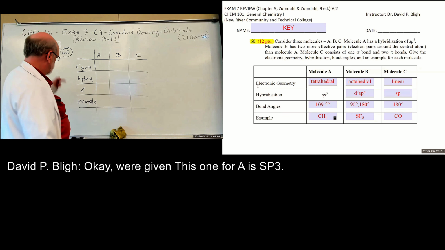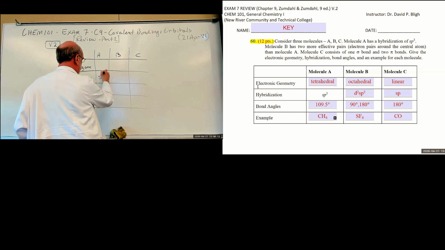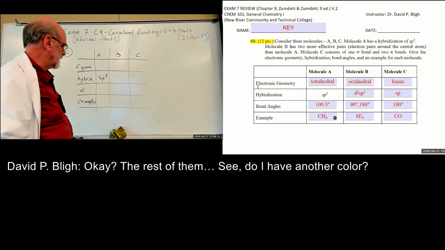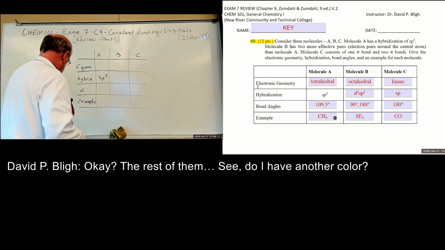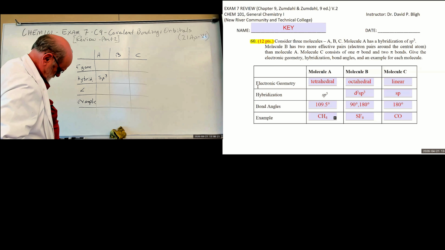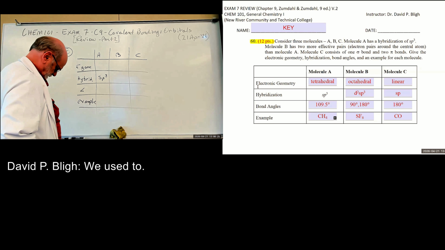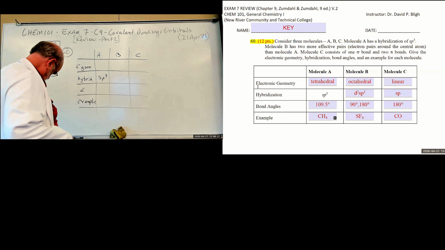We're given this one for A is sp3. Okay. The rest of them, see, do I have another color? I used to.